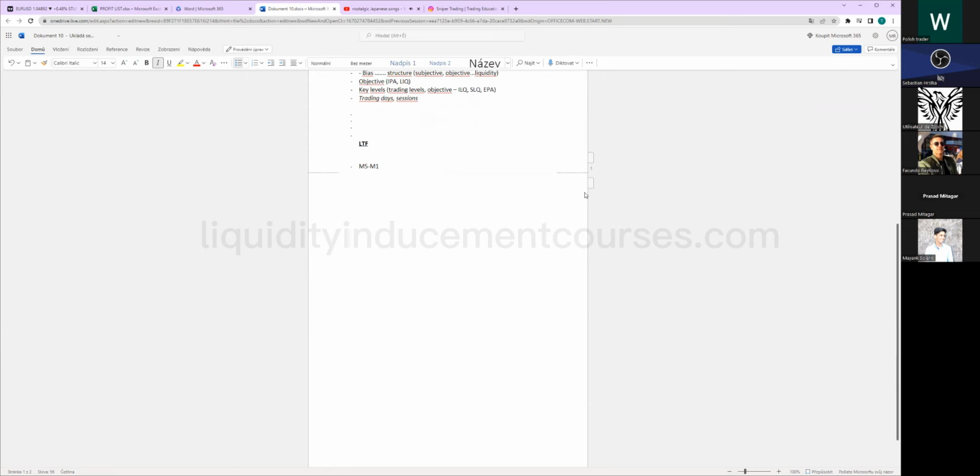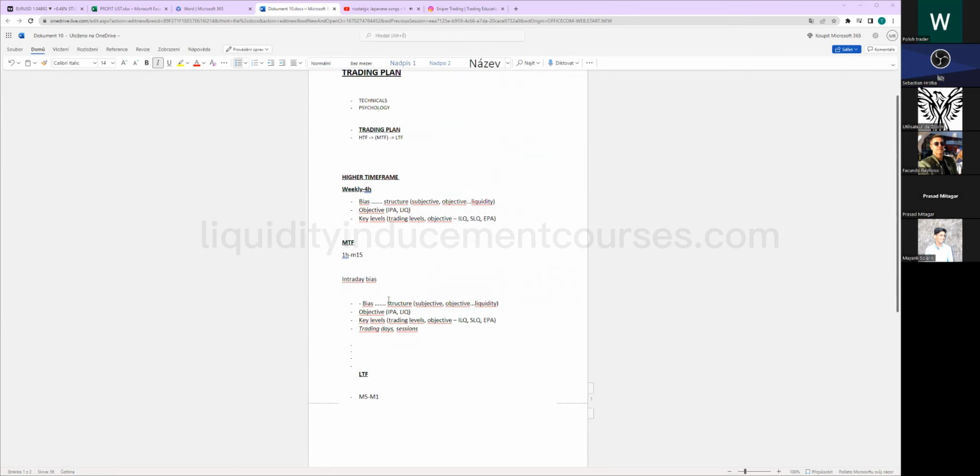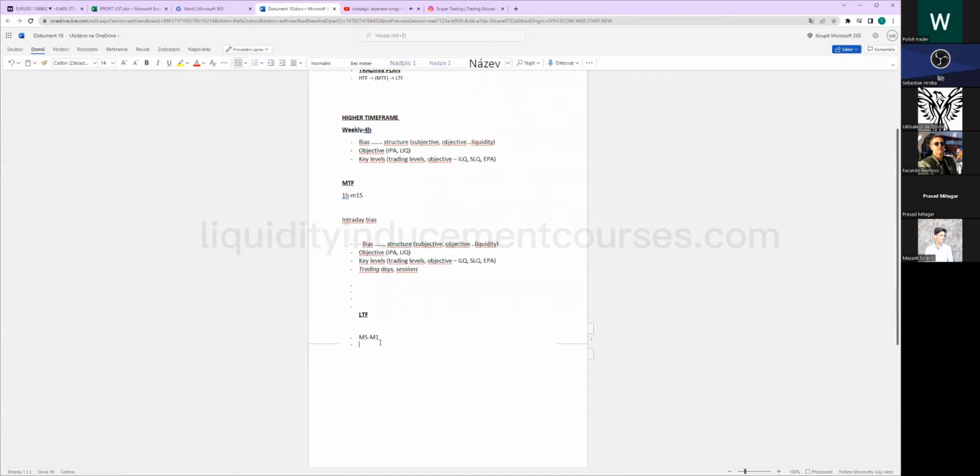But lower time frame M5 should be used for intraday analysis, M5, M3, and M1 only for entries.